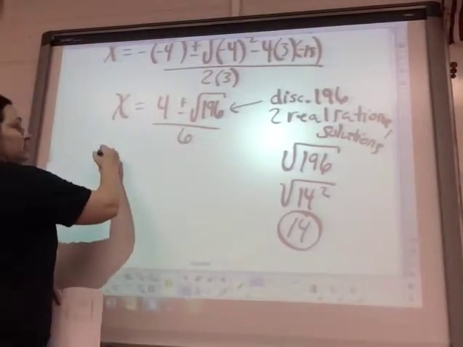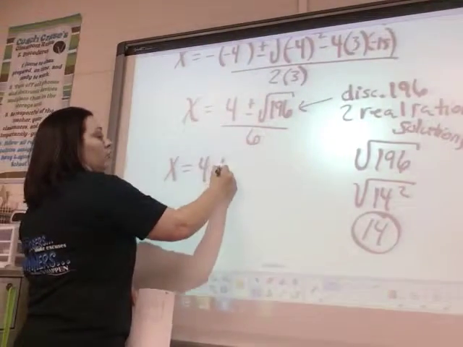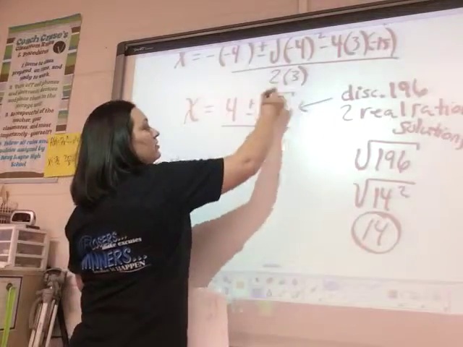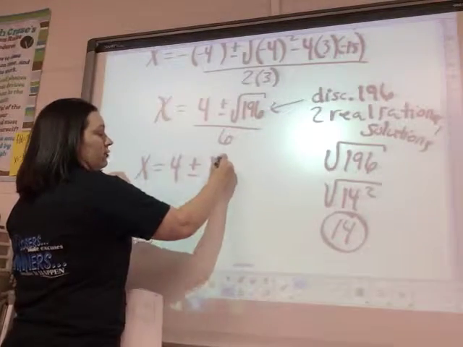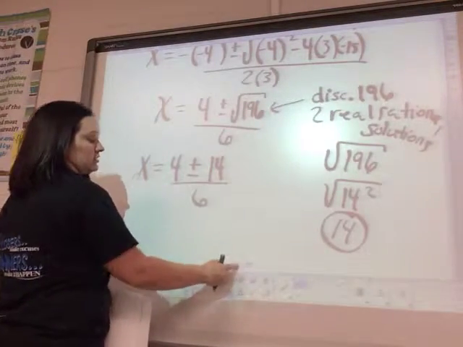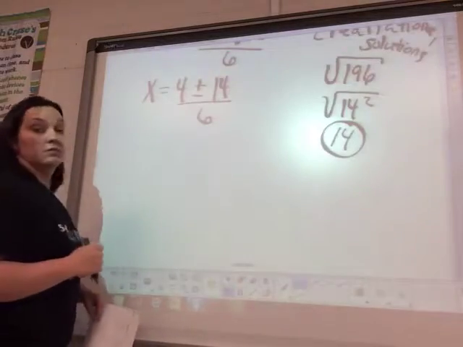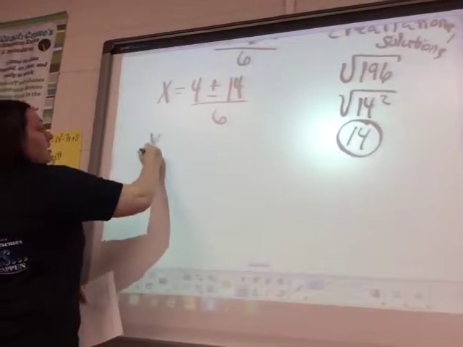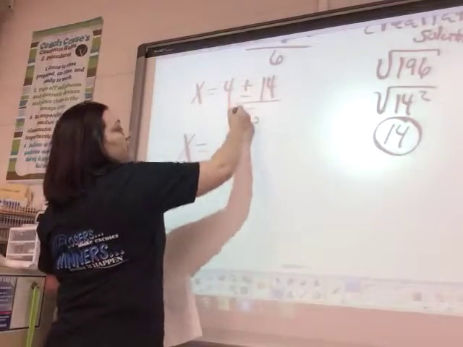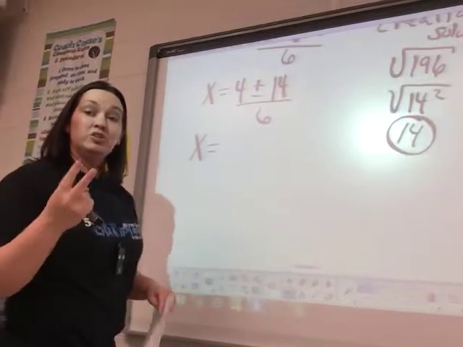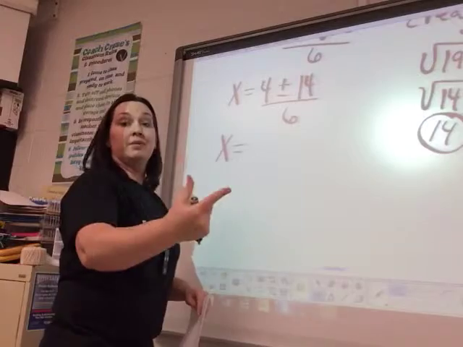How does that play? Well, that comes back over here. 4 plus or minus, instead of this radical, you just told me 14, over 6. Almost finished. You've got x equals this plus or minus sign. That confuses some people. It just means 2 problems. One's a plus problem, one's a minus problem.